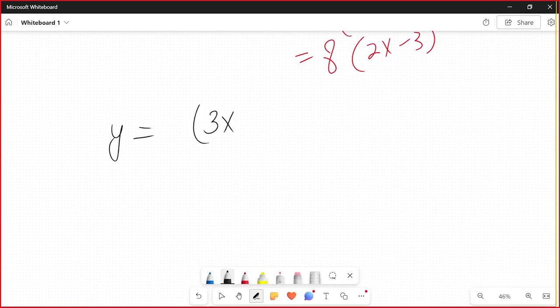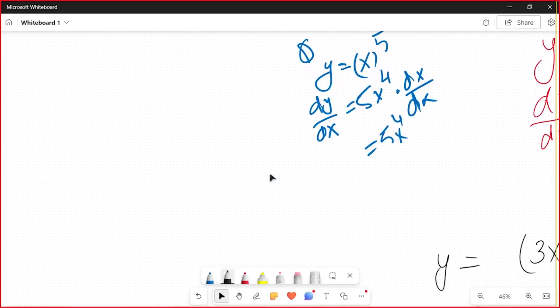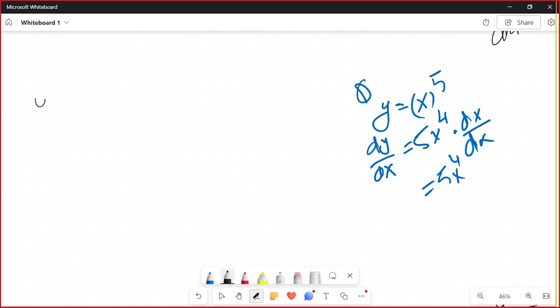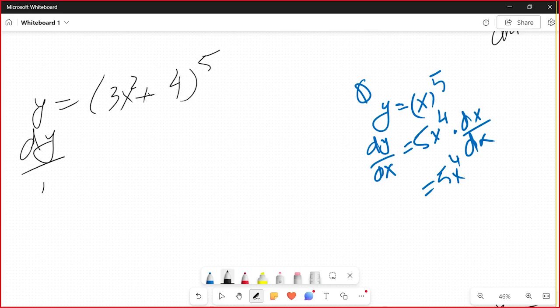Are you with me? We would now do it again with the method which we did. So y is equal to 3x squared plus 4 raised to the power 5. So we would do it in this way and learn. Can you help me with that?